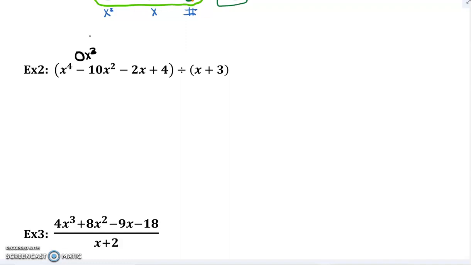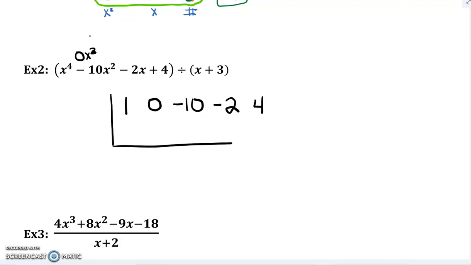So we have 1x to the fourth, 0x to the third, negative 10x squared, negative 2x, and 4. I messed that up, didn't I? Yes, I did. Ignore me. This is the x to the fourth term, x to the third term, x squared term, x term, and number term.